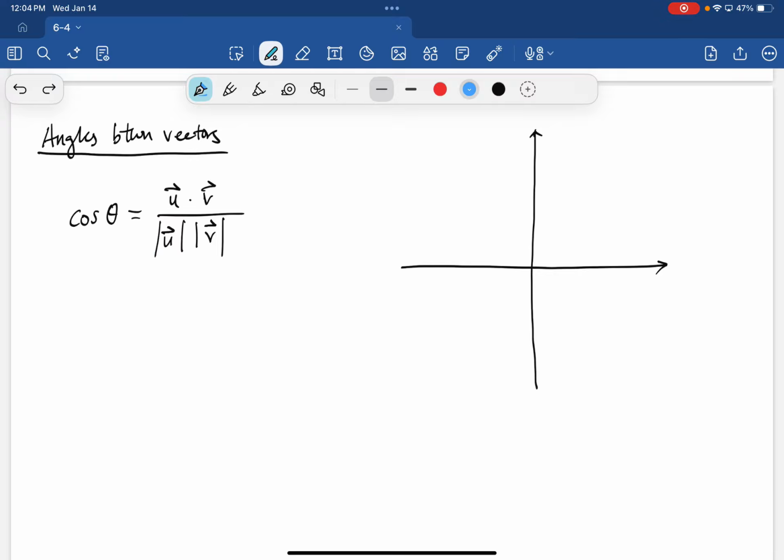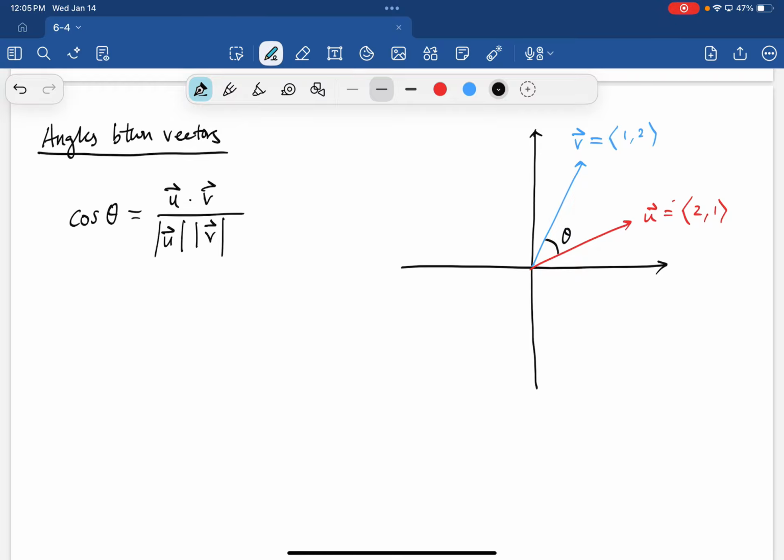So let's give an example. Suppose we have a vector u that's equal to 2, 1, and a vector v that's equal to 1, 2. There's an angle between these two vectors, right? And that's an angle that we can calculate using the dot product.